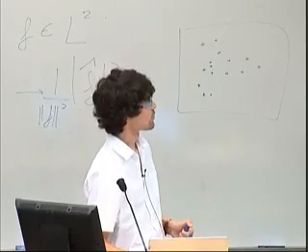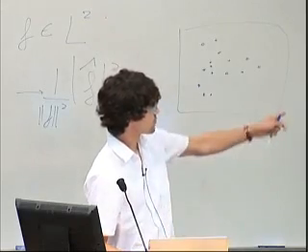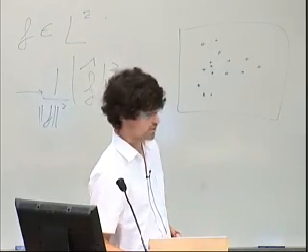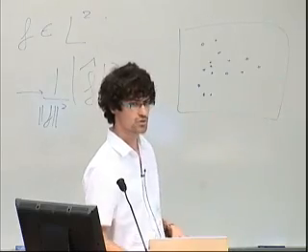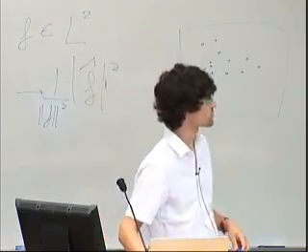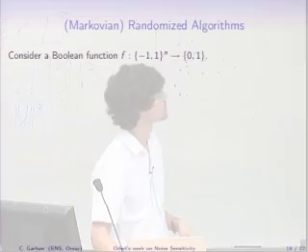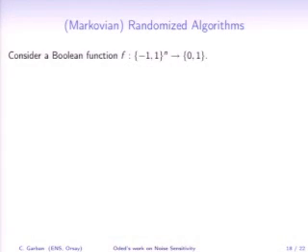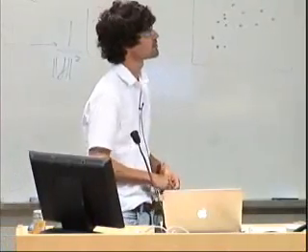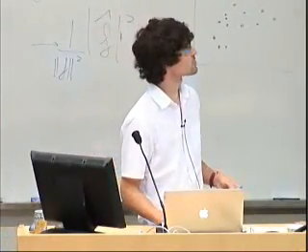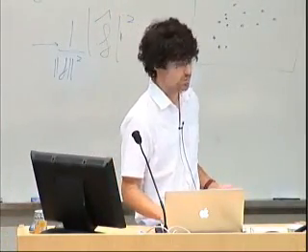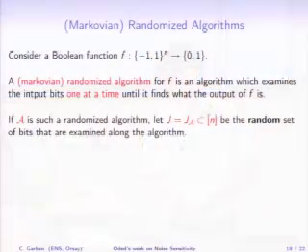So I won't describe more the red and the blue approaches, and I will now try to describe more the algorithmic approach that he has done with Jeff. So this is based on randomized algorithms. So what is it? If you take a Boolean function f from the hypercube into {0,1}, a randomized algorithm is something that computes the function f by examining bits one at a time.